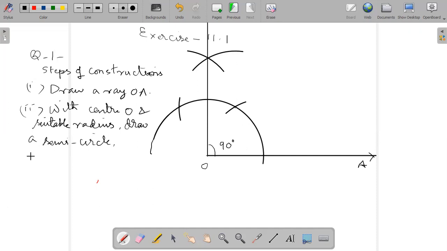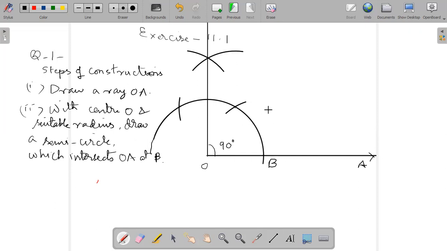Which intersects OA at B. Suppose this is point B. So now with the same radius, this semicircle is divided into three equal parts.